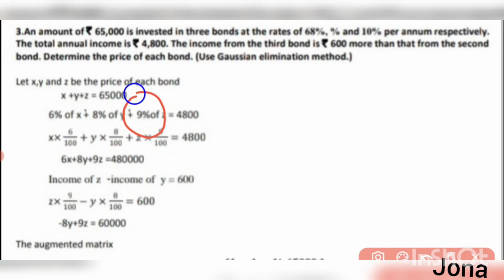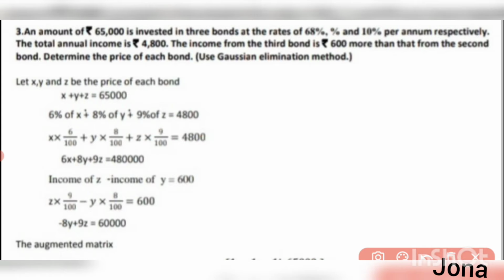And 9% of z we can have as z into 9 by 100, which is equal to 4,800. So we can have this equation as 6x plus 8y plus 9z equal to 4,800 into 100, so we have 4 lakhs 80,000. This is the equation we got from the first statement.